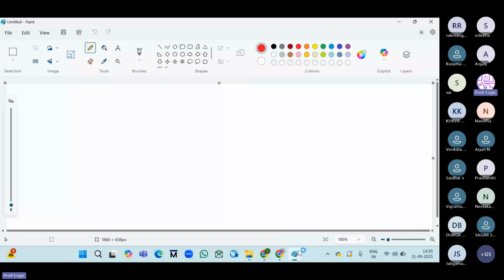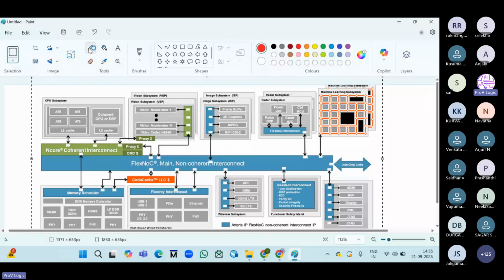See here, some of you asked what type of language is needed to verify a processor. Actually, it's a system on chip design. In this system on chip design, except the processor, whether it's a central processing unit, a digital signal processor or an image processor, whatever, the remaining entire circuit will be hardware only.